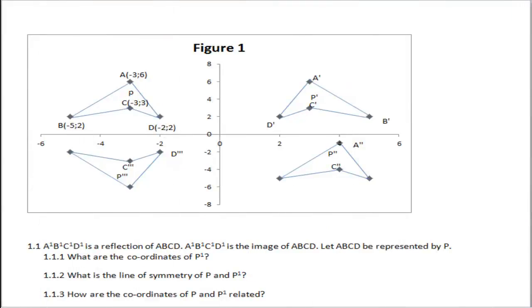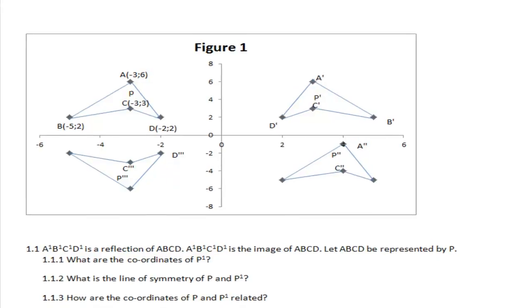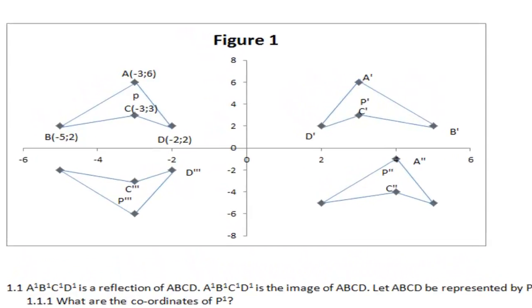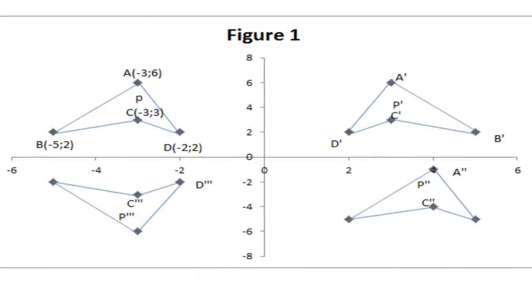Let us look at some practical cases of transformation geometry. Let's look at figure 1, which I've got in 4 quadrants, and let's take A, B, C, D, which is P. That's the original figure. Now if you look at A prime, B prime, C prime, D prime, or P prime, it is a reflection.